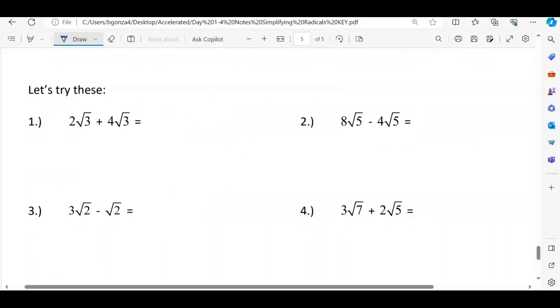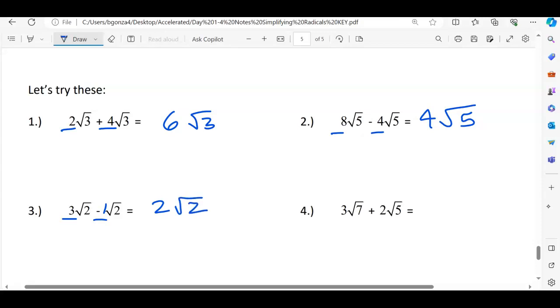All right. Number one. Again, you're adding the numbers in front. 2 plus 4 is 6, square root of 3. Number two, 8 minus 4 is 4, square root of 5. Number three, 3 minus 1 is 2, square root of 2. Now, what's weird about number 4?